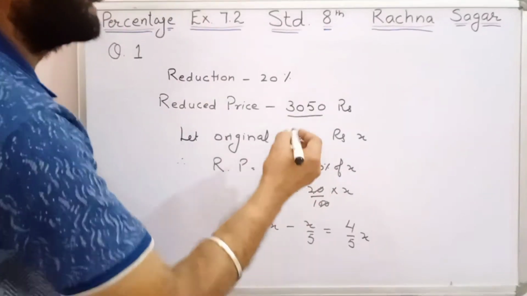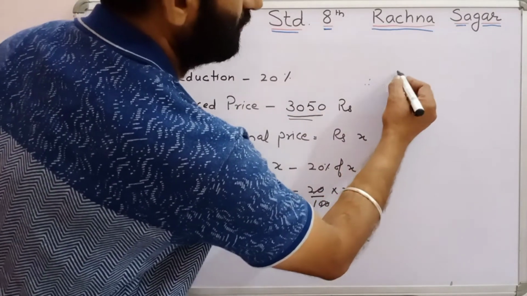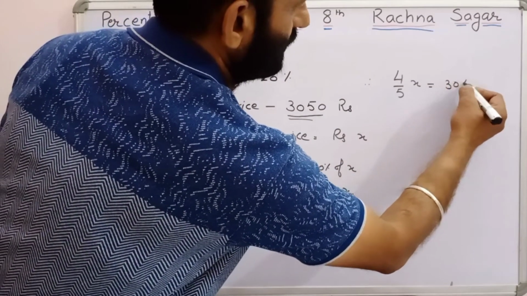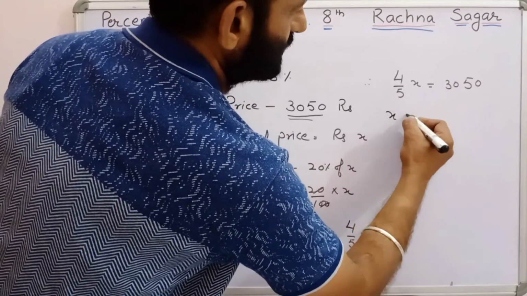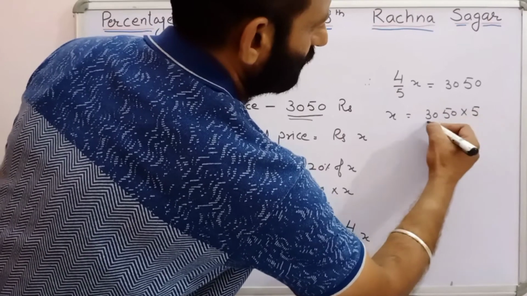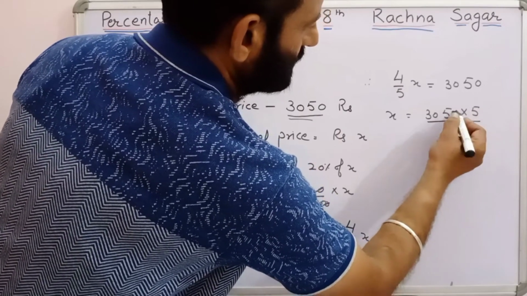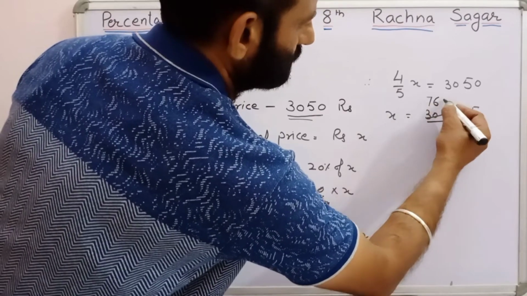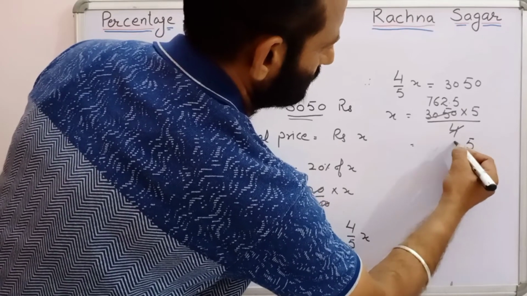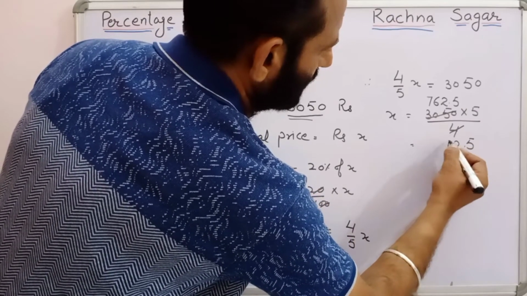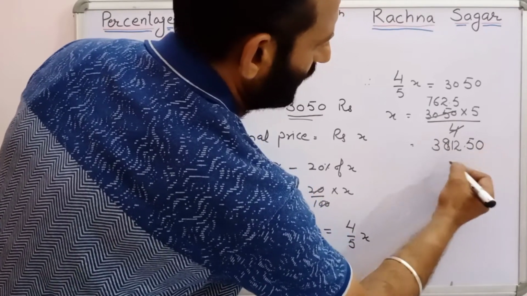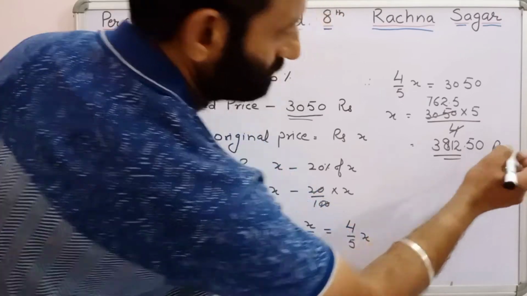Now the reduced price is given 3050, therefore 4 by 5X is equal to 3050, and we get X is equal to 3050 into 5 by 4, that is 3812.50 rupees.